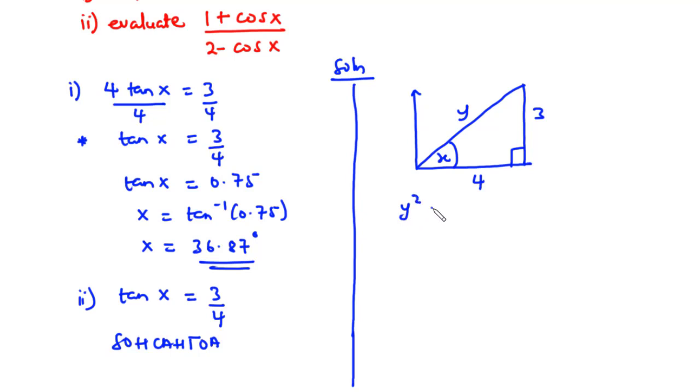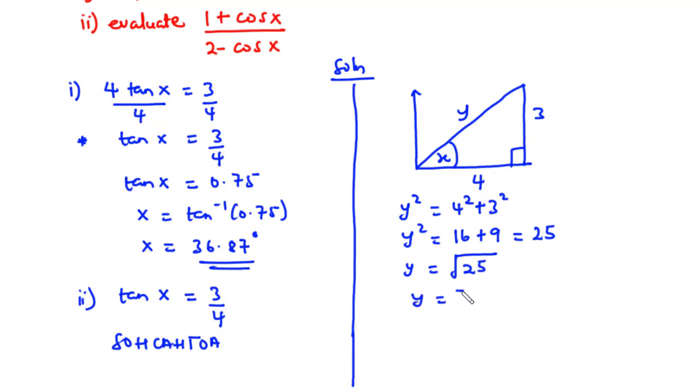So we are going to find the value of y. So y squared is equal to 4 squared plus 3 squared. According to Pythagoras theorem, we have y squared equals 4 squared is 16 plus 3 squared is 9. Now this gives us 25. So y is equal to the square root of 25, and then y is equal to 5.